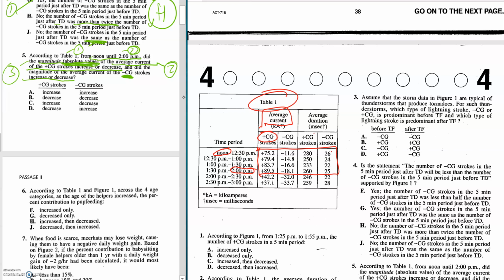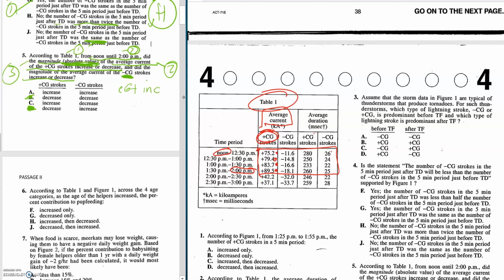Again, I'm just doing it step by step and it's all becoming clear. The plus CG strokes, did that increase or decrease? All right, just going to look down right here. 75, 79, 83, 89. So the plus CG strokes, they increased. CG plus increased. And that means we can just look over here and see that B has decreased and D has decreased. They're out.